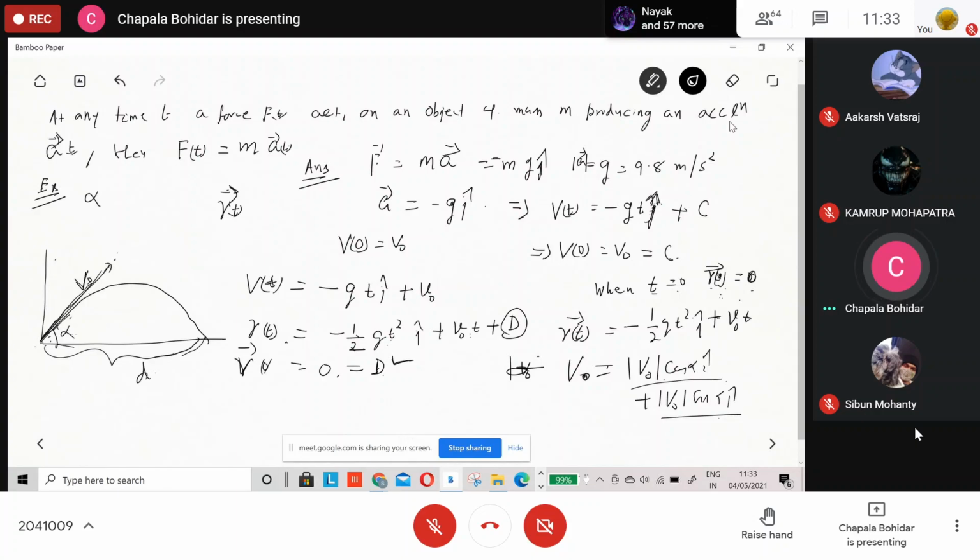Am I audible? Yes, ma'am. I can write down this way or not? According to the component, cos alpha i cap and sin alpha j cap. I can write down like this or not?